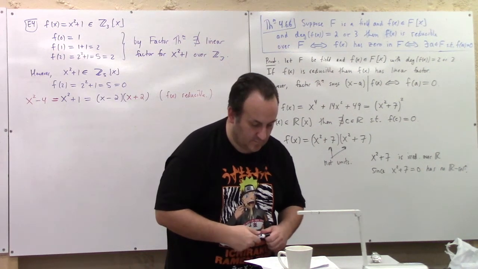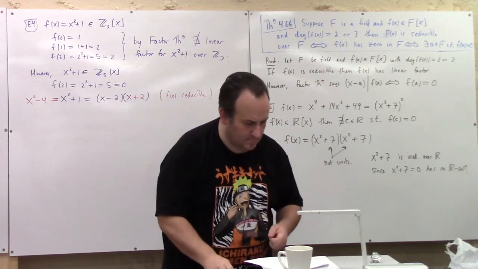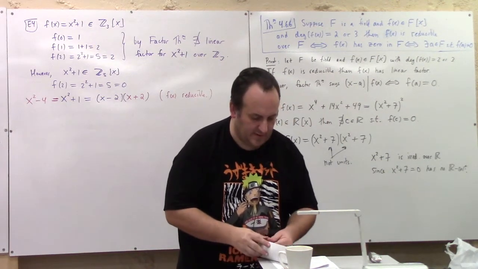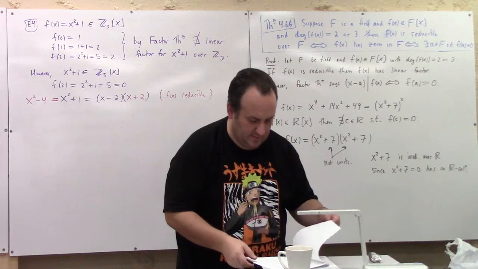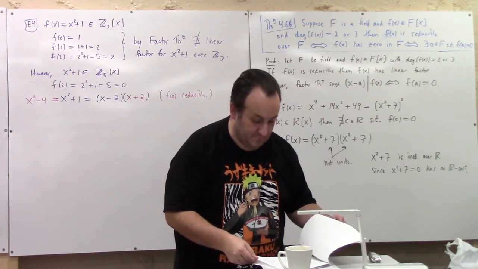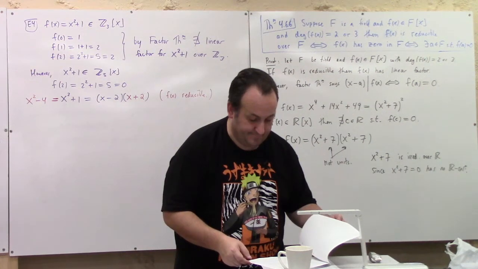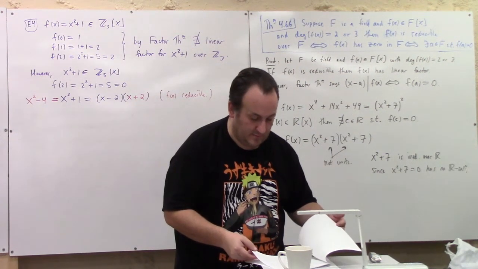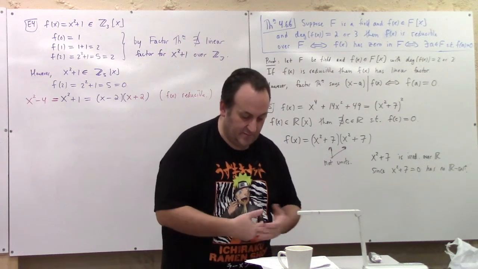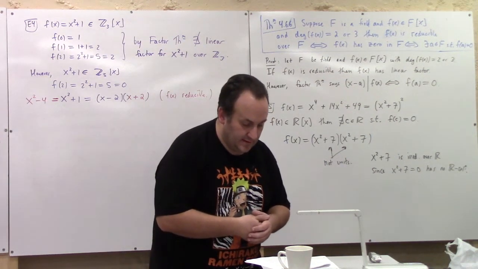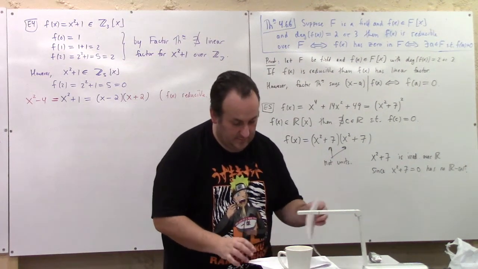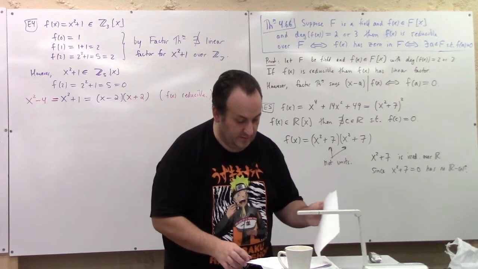All right. So I need to skip over a bit here, guys. Let me just tell you this. It would be good for you to read pages 149, 150, and 151.